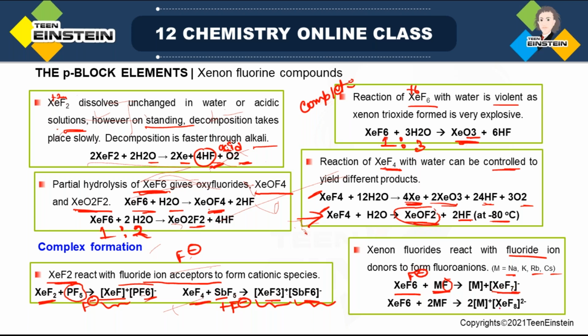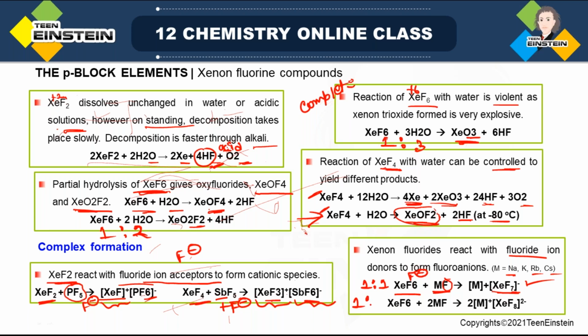So this is also an example of complex formation, but in the previous box there is a different reaction partner, a fluoride ion acceptor, that is PF5, SbF5, but now it is metal fluoride. If it is 1:1, you are getting this type of complex.